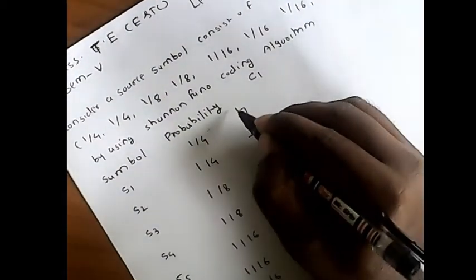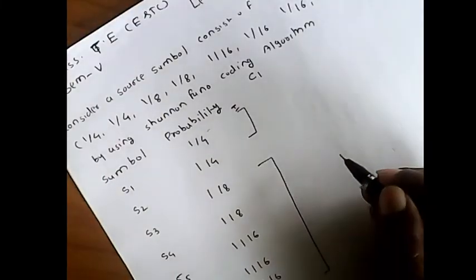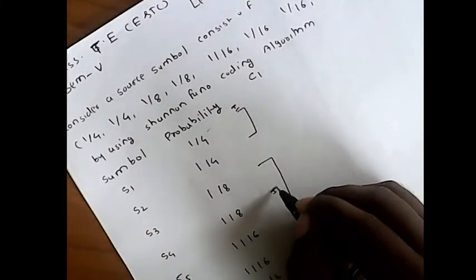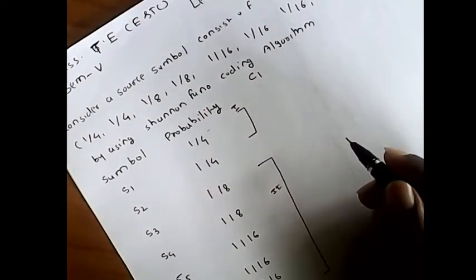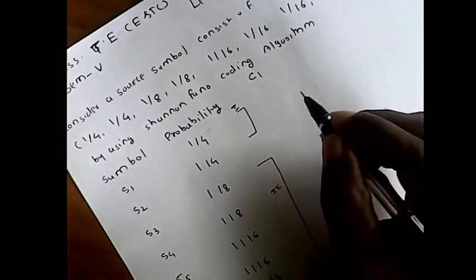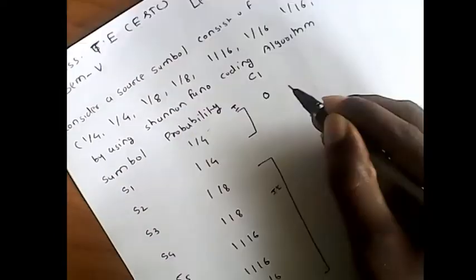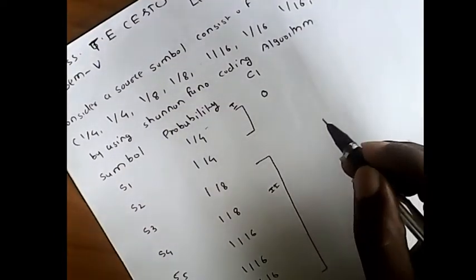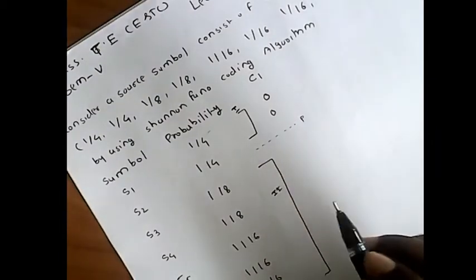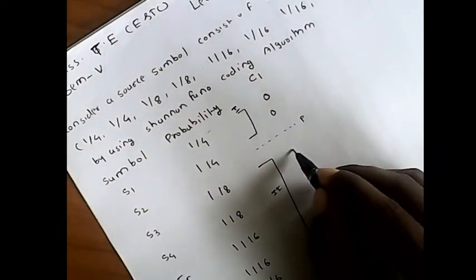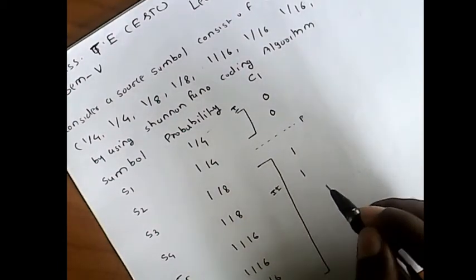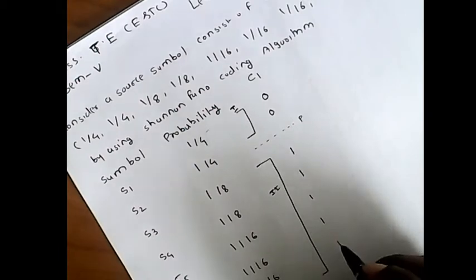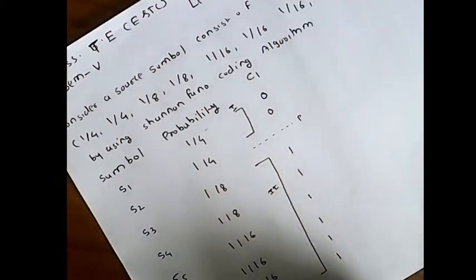So this is the upper group and this is the second group. Assign symbol 0 to each symbol of the upper set, take a partition between the two sets, and assign 1 to the second set.